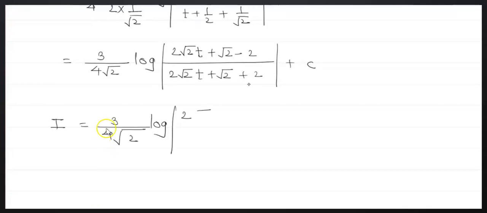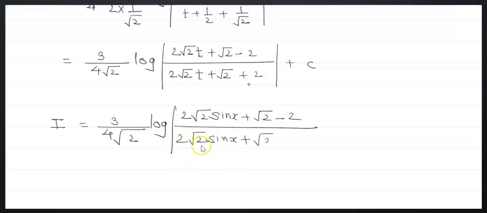That is 3 upon 4 root 2 log of 2 root 2. Substitute the value of t, that is sin x plus root 2 minus 2 upon 2 root 2 sin x plus root 2 plus 2 plus c.